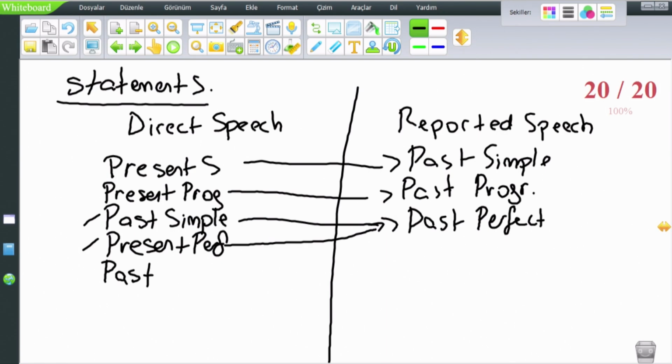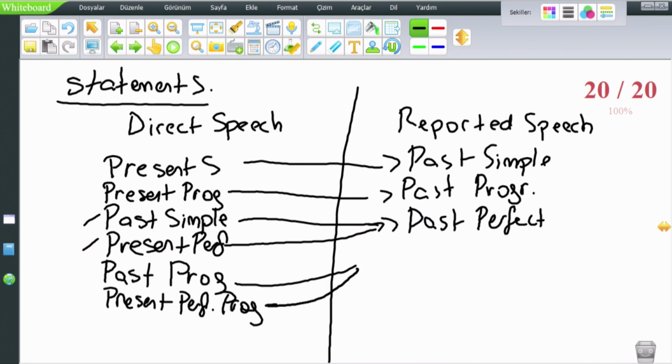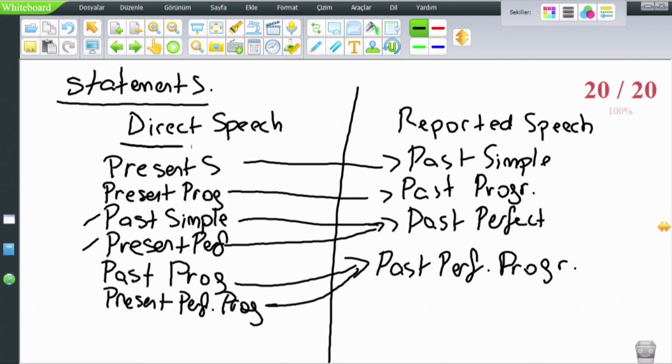If I'm talking about past progressive or present perfect progressive, both of them go to past perfect progressive. So this is a general idea. How do we use our tense? We have to use one tense past than the original tense that is used in direct speech.